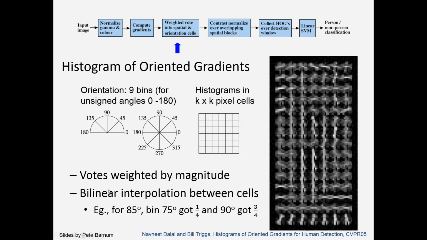But he adds something: a bilinear interpolation between the bins. For example, if you have one bin at 75 degrees and another at 90 degrees, and your input is at 85 degrees, then you put a fraction of the vote into the 75 bin and the rest into the 90 degree bin.